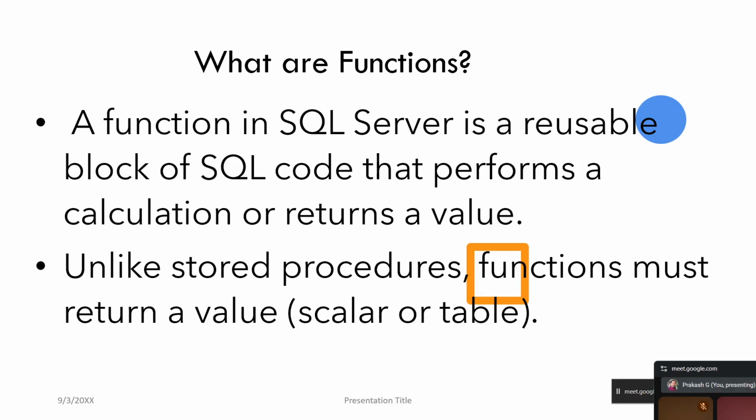It will never return a value unless you explicitly specify an output type parameter, then only it will return a value. So by default, no stored procedure will return a value, but every function must return a value. That is the major difference, guys. We have other differences also, but the major difference between a function and a stored procedure is this.